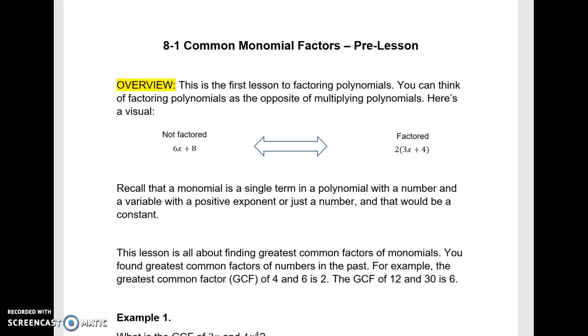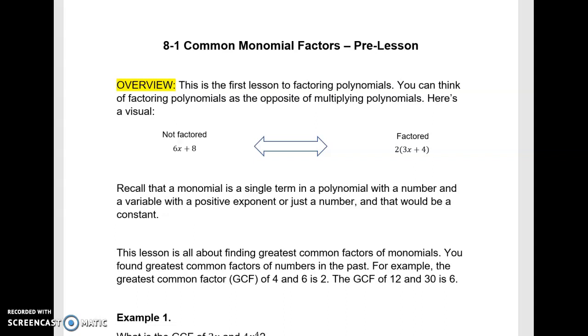So those two polynomials are the same thing, the one on the left and the one on the right. The right-hand side is the factored form. So that's what we're going for. And you might be wondering, why do we care about this? You will be needing this as far as simplifying expressions going forward.